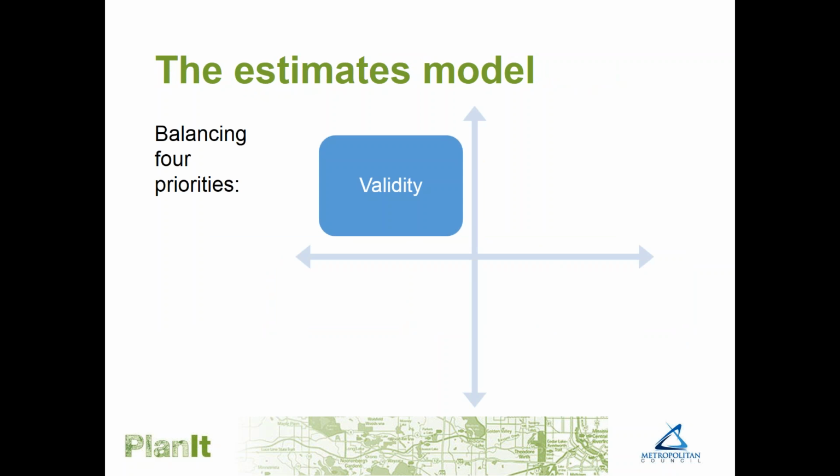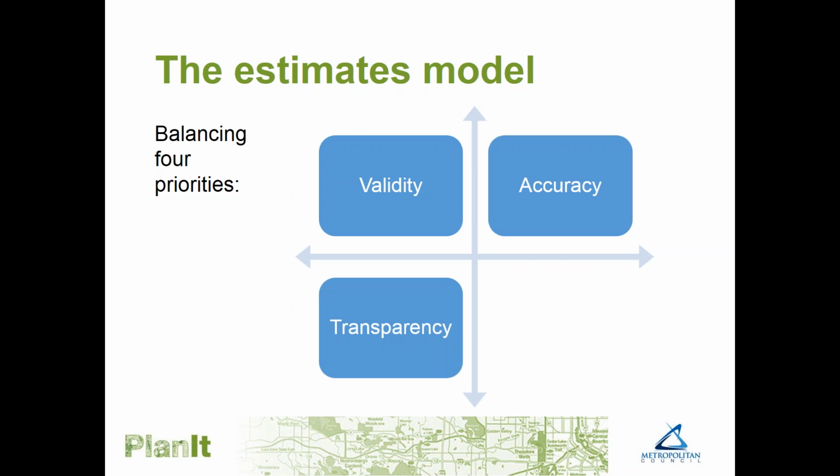The first is a valid framework that produces reliable results. So we want a tried and true method of building our estimates, so that we can rely on the accumulated wisdom of others. The second is accuracy. We want to use the best available evidence that reflects reality as closely as possible. We know that the estimates can be only as accurate as the inputs that they come from.